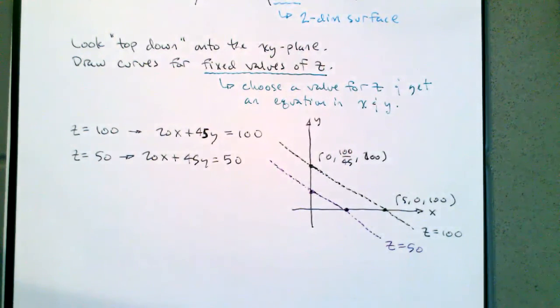Notice that every time I choose a constant value for z, I'm going to have the same coefficients of x and y. And so the contour diagram for a plane will be a bunch of parallel lines.